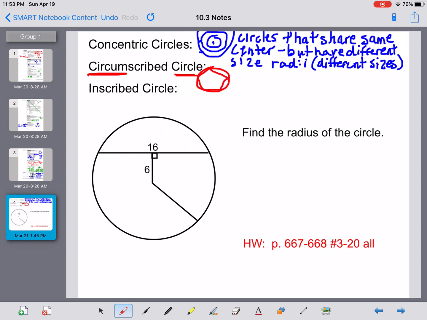So my circle, because that's what comes after circumscribed, is drawn around, there's kind of like my circumference, around a polygon. So you're going to have a shape inside. Now here's one thing I do want to stress too.